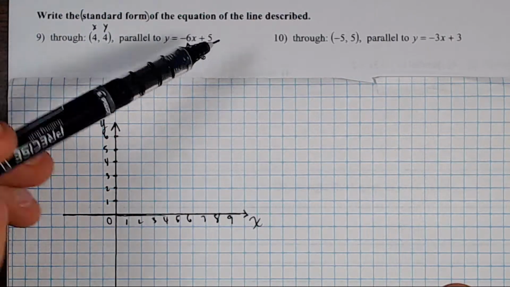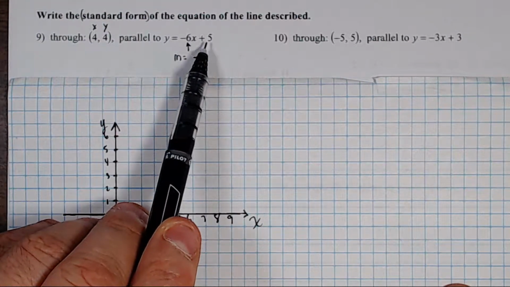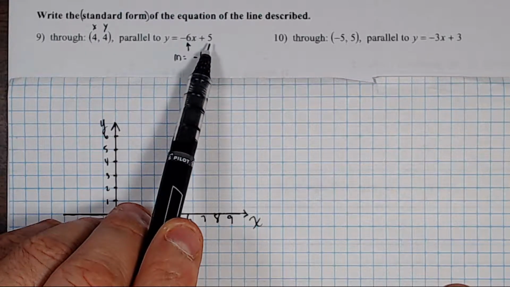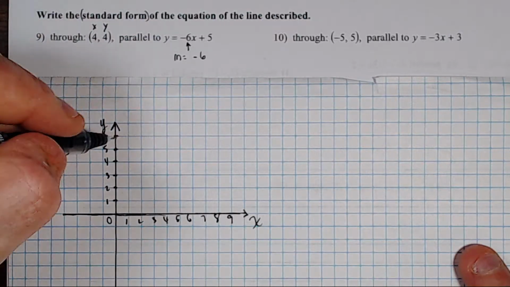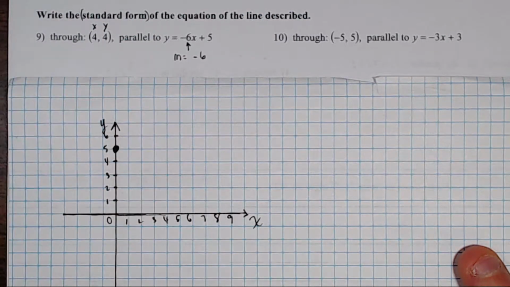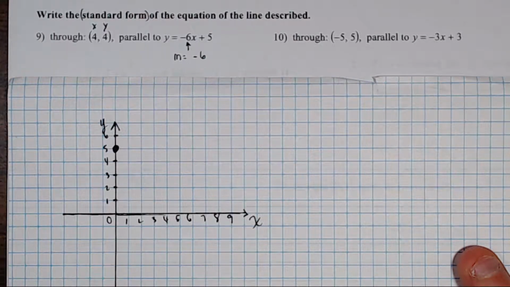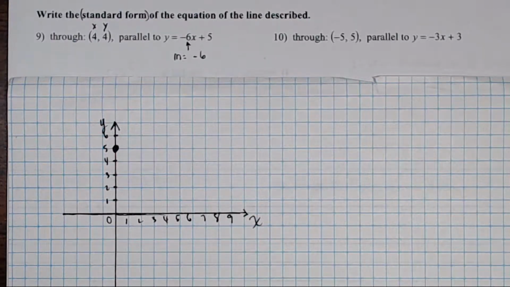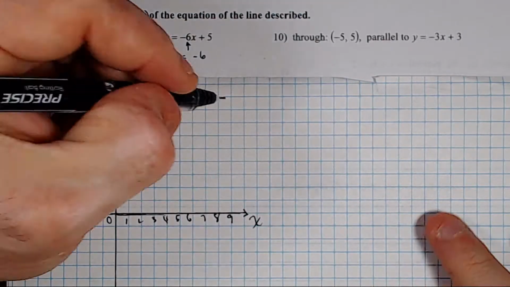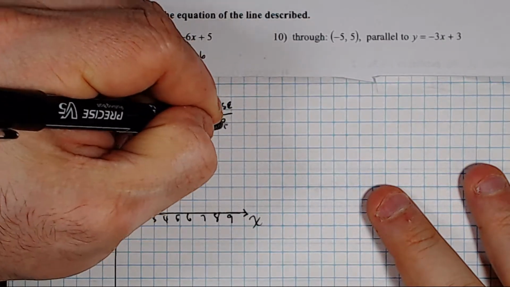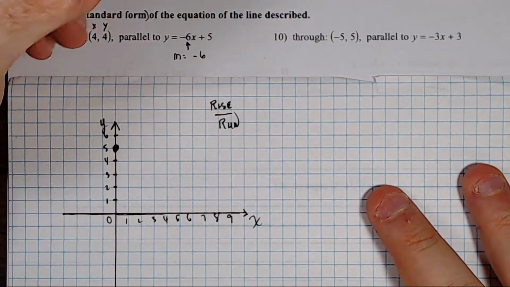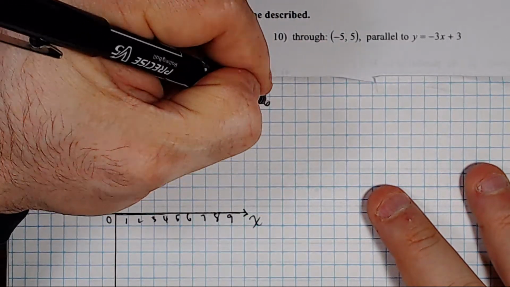We have a y-intercept somewhere. What's the y-intercept? 5. All right, thank you. So first we put a little bubble there. And then I'm going to use my slope formula to do rise over run, which is negative 6 over 1.